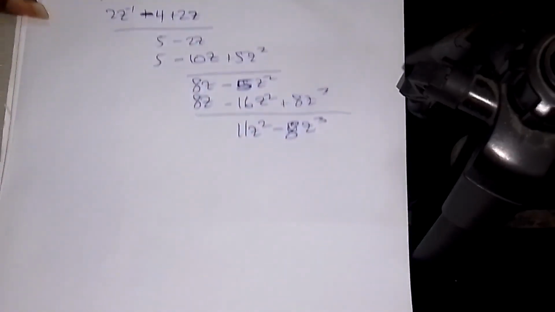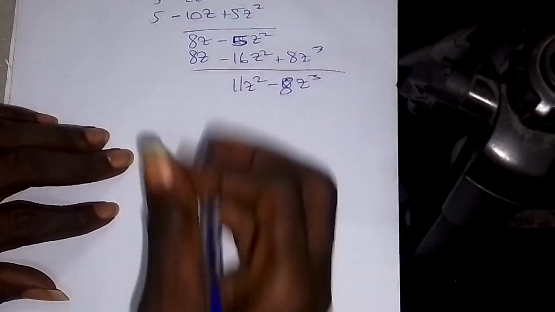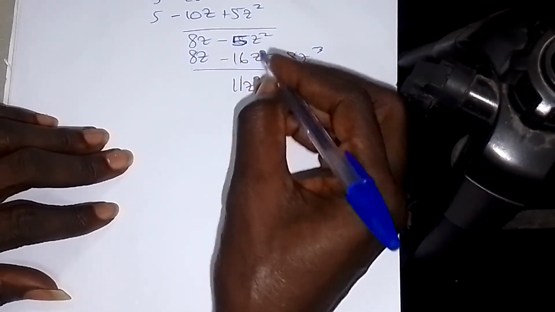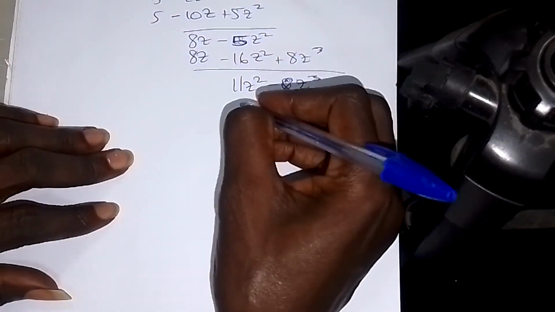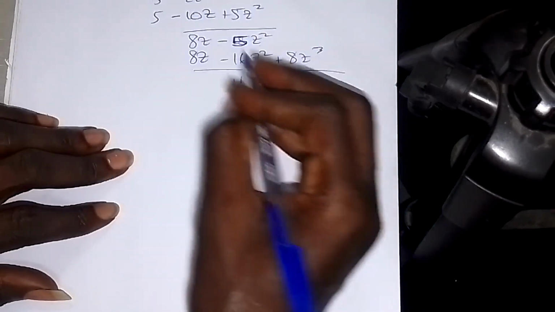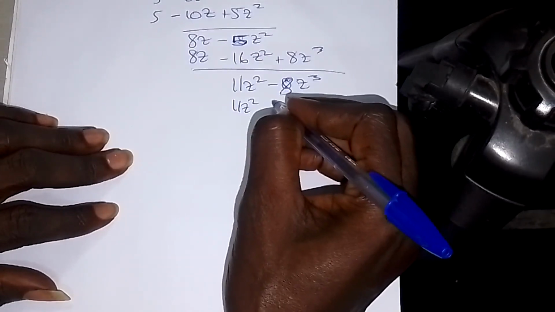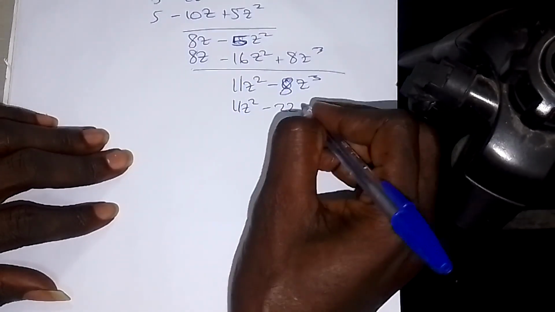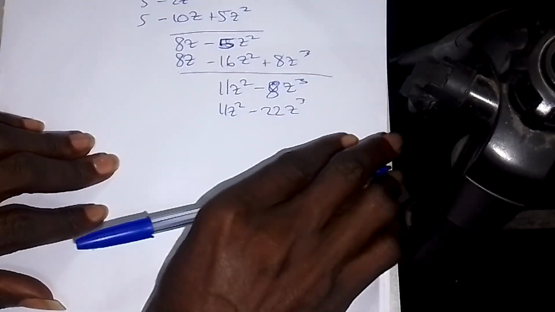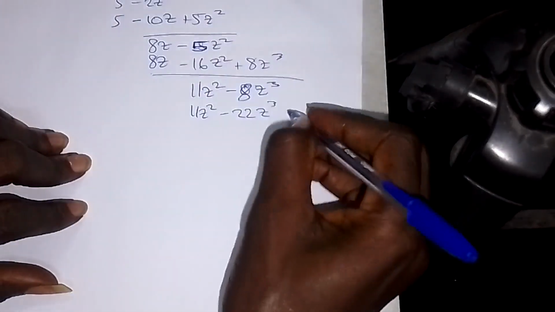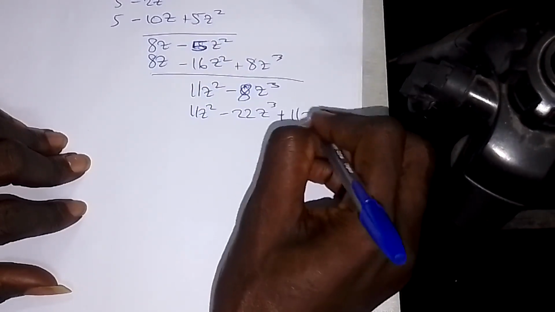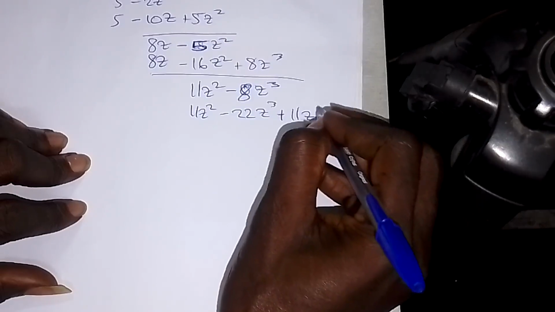So now if I multiply, this into this one will give me 11z squared. This into this one will give me minus 22z cubed. This into this one, I'll get plus 11z exponent 4.